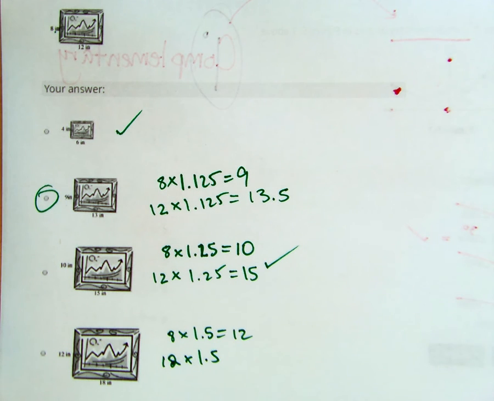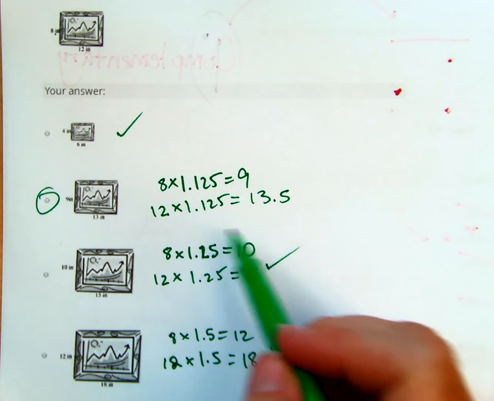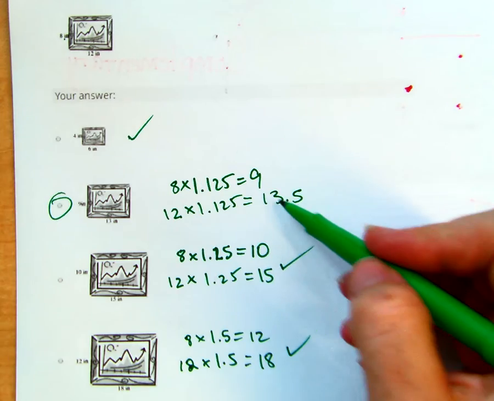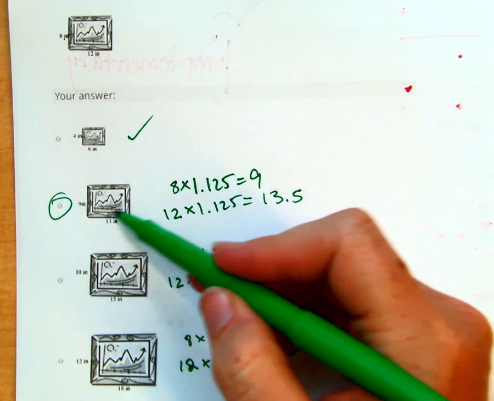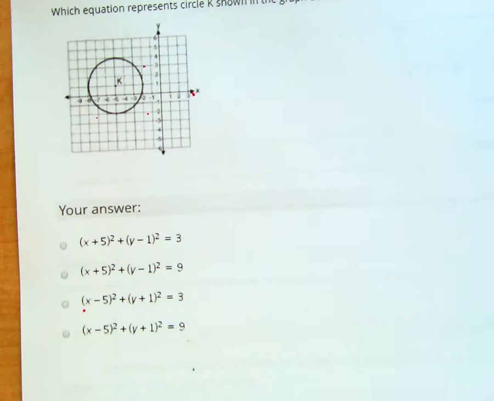Let me try that again. 12 times 1.5 is, yes, 18. Right, so that checks. So this is the only one that does not check, because we end up with 13.5 instead of 13. Okay? All right, moving on.